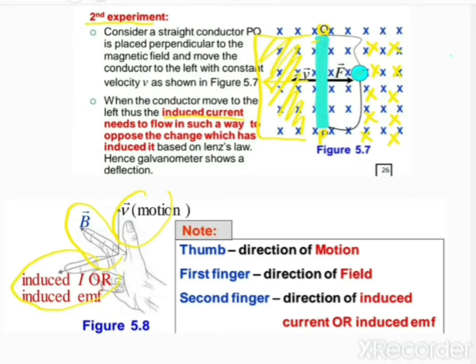For this example, since the direction of the magnetic field is into the page and the velocity is to the left, by using Fleming's left-hand rule, the direction of current is seen to flow from Q to P. So that's why the galvanometer deflects in such a direction.